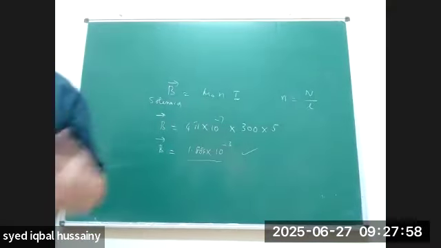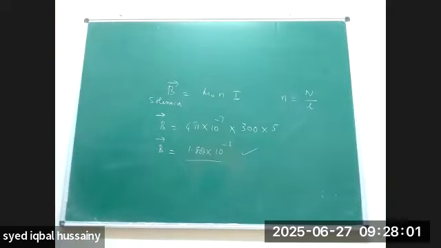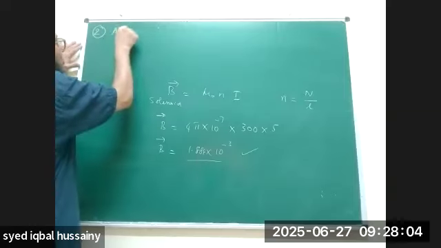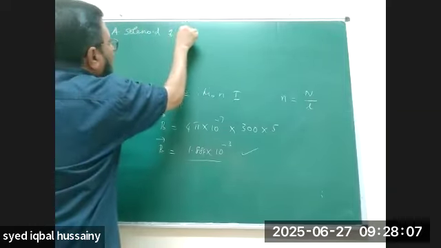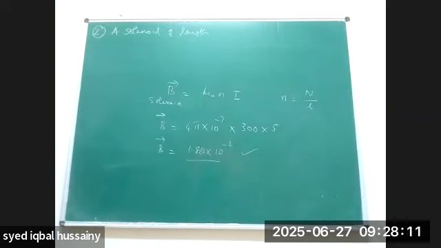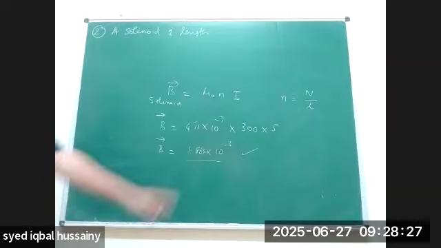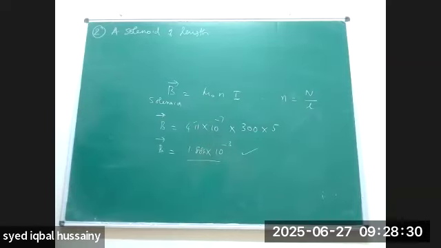First girls will say the answer, then boys will give the answer. Should we put 3.14, or 1.884 into 10 to the power minus 3? Check it. Yes, the answer is right, check it. It is correct.